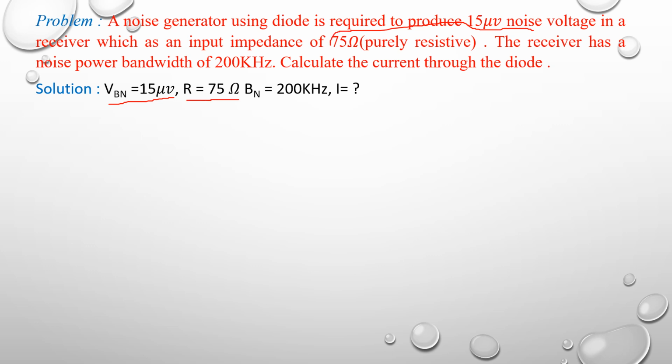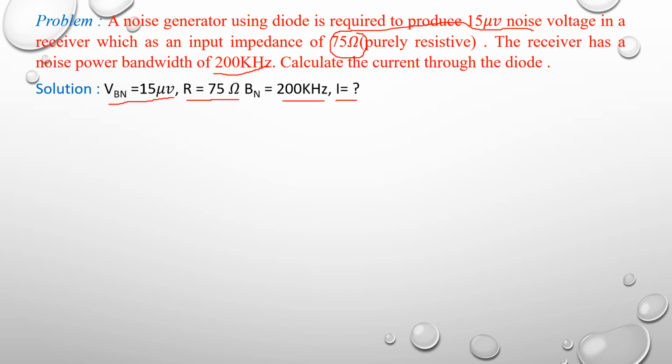The noise power bandwidth is 200 kilohertz. We have to find out the current through the diode.